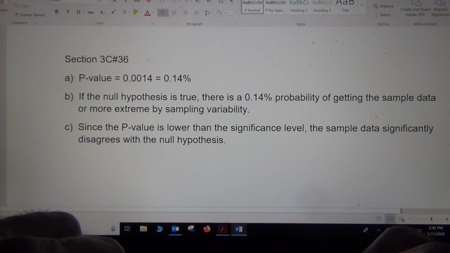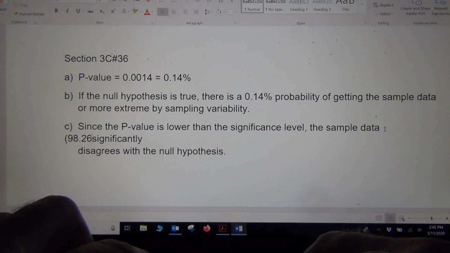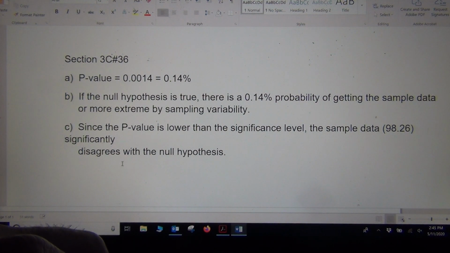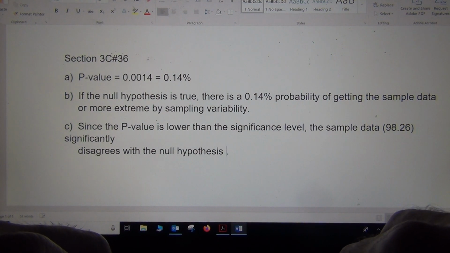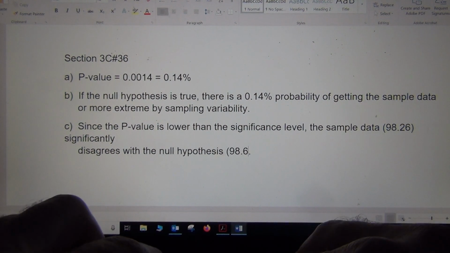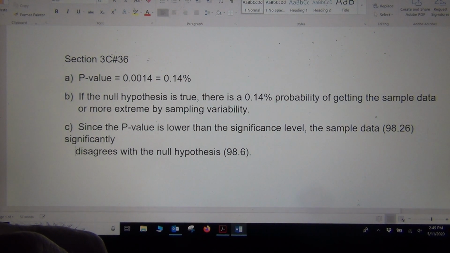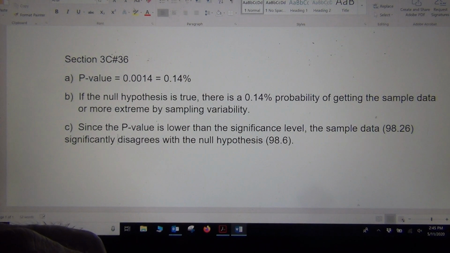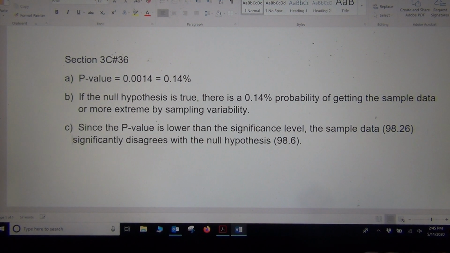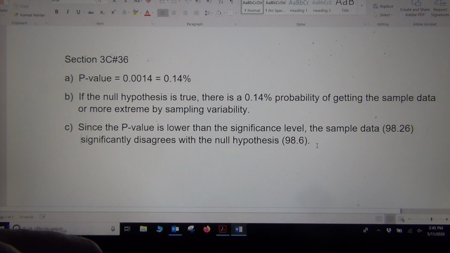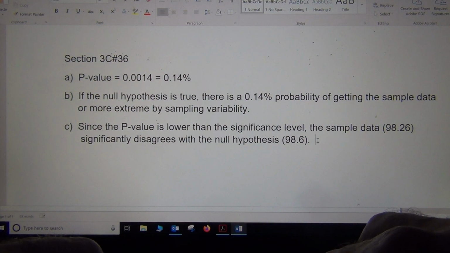In this case, the 98.26 degrees Fahrenheit significantly disagrees with the 98.6 in the null hypothesis. Okay, so again, a low p-value gives us similar information as a test statistic falling in the tail. It tells us that the sample data significantly disagrees with the null hypothesis, or the sample statistic significantly disagrees with the parameter in the null hypothesis.